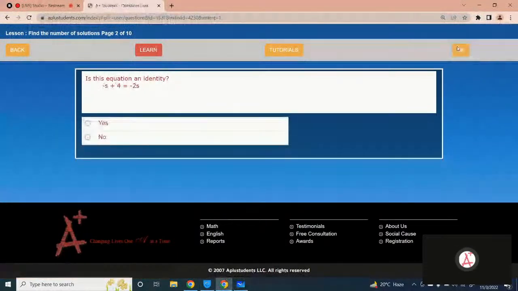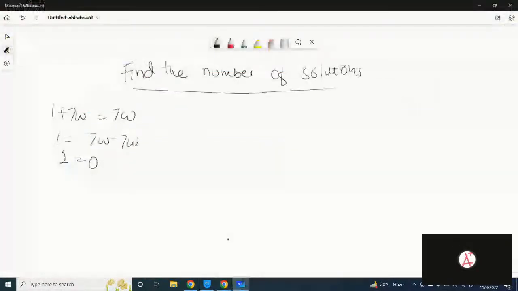Okay, the next one is negative s plus 4 equals negative 2s. Got it? So move that negative s to the other side. So it would be negative 2s minus s.